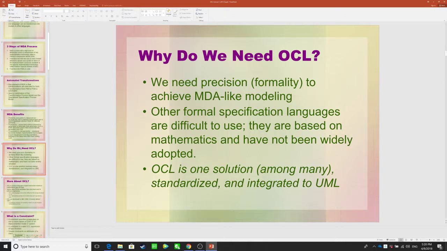And so OCL is one of the possible solutions for this MDA. OCL is a solution; MDA is an idea. Remember that. That may be in the final exam.